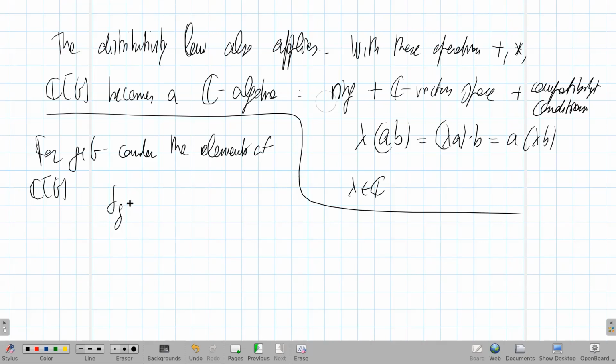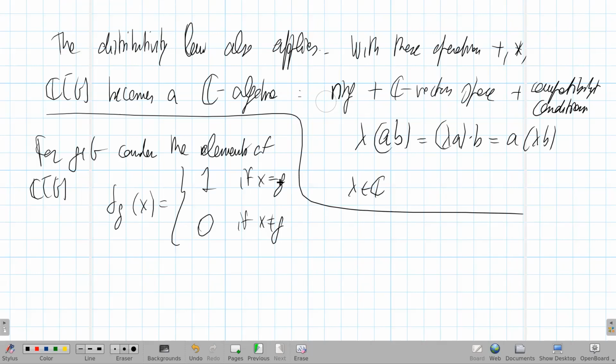So delta g of x is 1 if x is g, and 0 otherwise. So it's a typical Kronecker delta, because it's only 1 when x equals g. Here g is fixed and x is the variable.